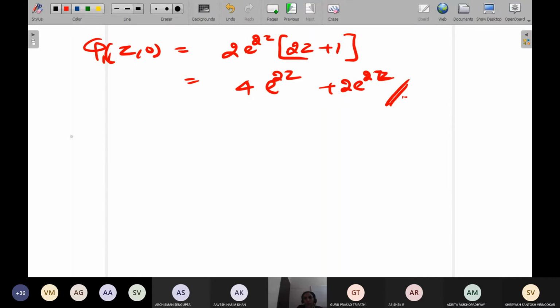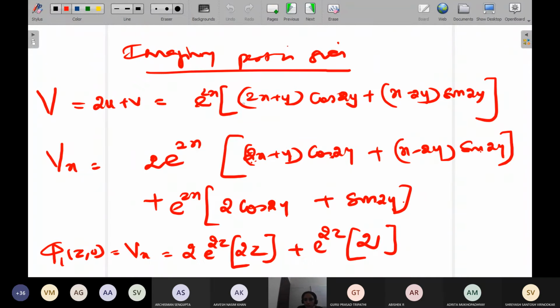Now let me find Vy. So what will be my Vy? E power 2x will remain same when I integrate it. Here I have to apply by parts because I have y and y. So e power 2x will be commonly outside.